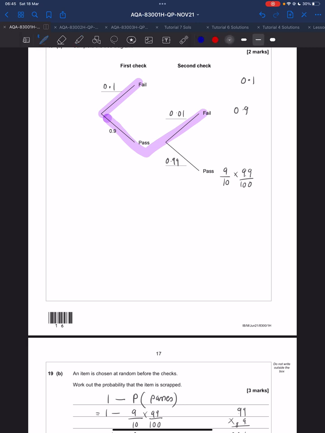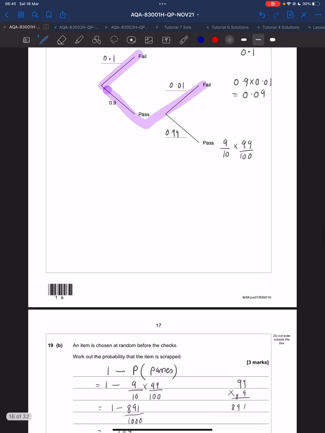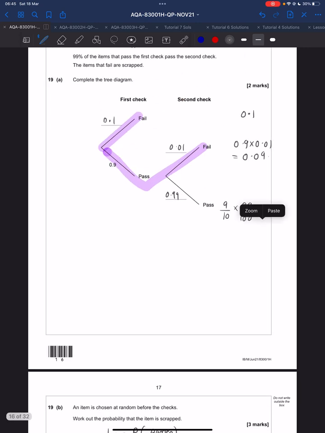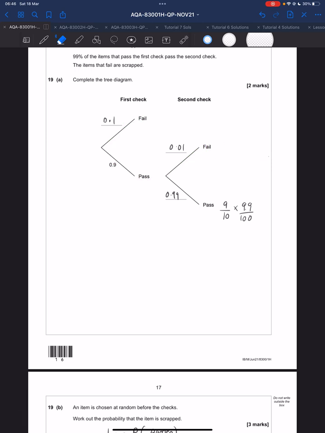This one is 0.9 times 0.01 go down that branch. Oh dear, it's first thing in the morning, I've got my numbers wrong there. It's 0.9 times 0.01, 0.009, okay? So that's a fail, and that's a fail.